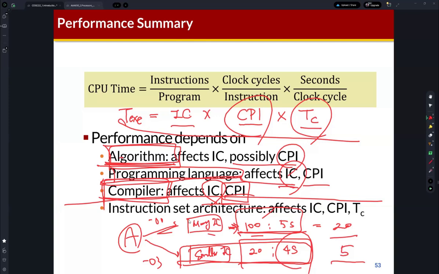If we just compare the number of instructions per second, you can find that this number is larger, it's higher. But which is better? Which performance is higher?